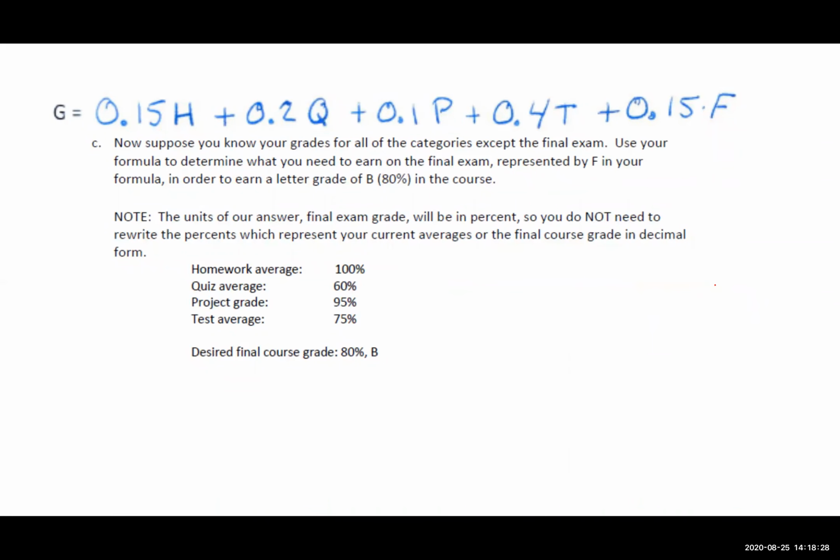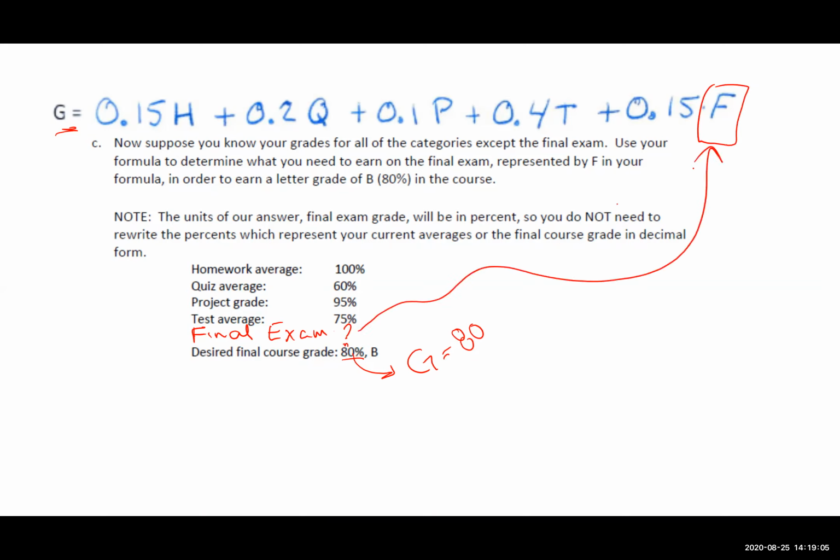Now, let's suppose I wanted to end up getting a B. My desired grade here is an 80%. So G is supposed to be equal to 80. Now this is my final grade, but what I want to do here is see what my final exam grade has to be. That's the thing I don't know. I need to figure out what that is.